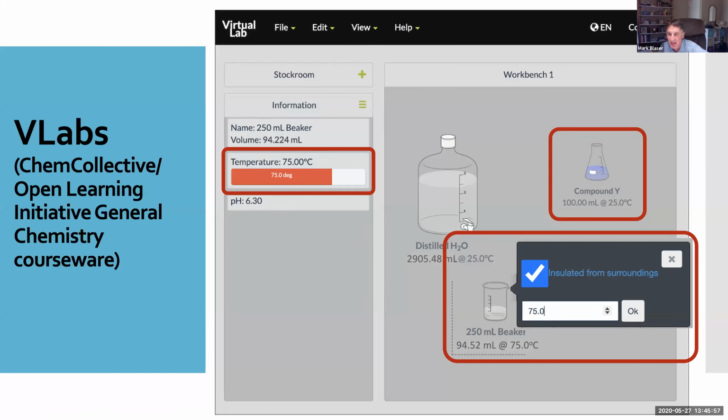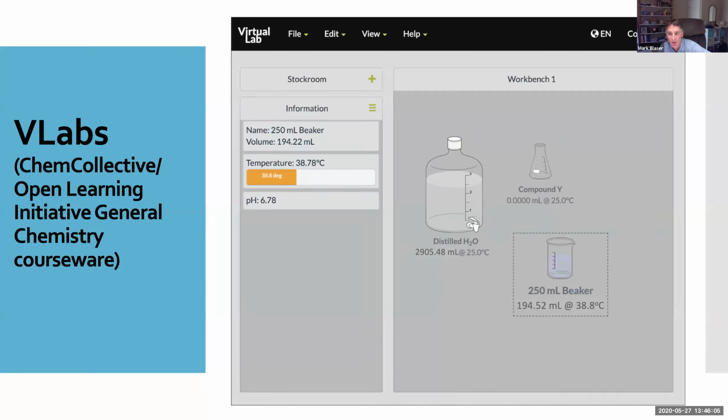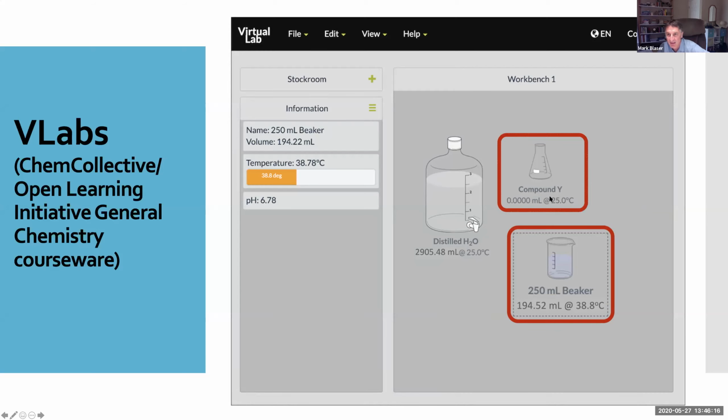And then I have a lower temperature compound that I'd like to find out something about its thermal properties. I'm not showing the mixing process, but I docked them and they were mixed. And so now we have a total solution volume of the two. The compound Y is now empty, and the temperature goes to an in-between temperature.